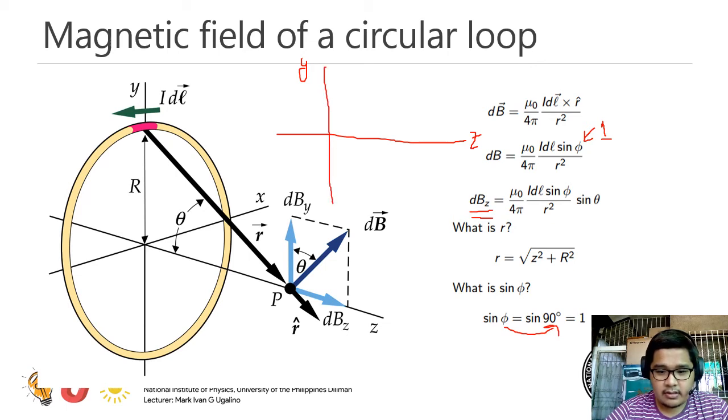So this is your z, and here you have your ring. If this is your ring, and this is your y and z, we are sure that DL at this point of the ring is pointing out of the page.